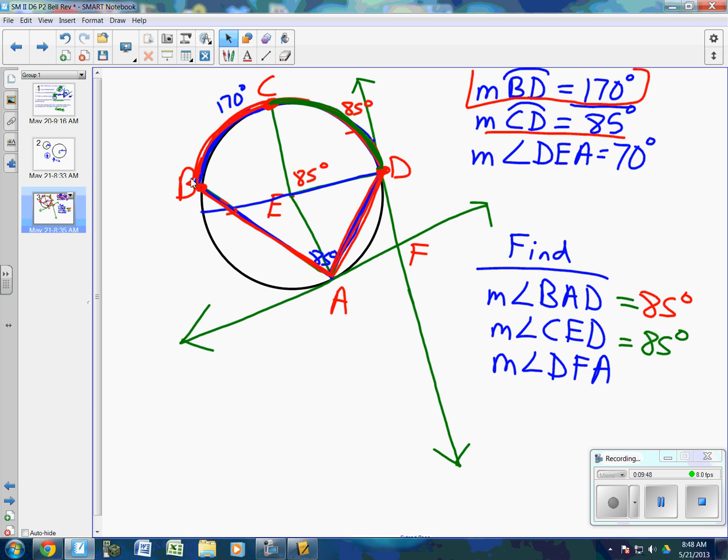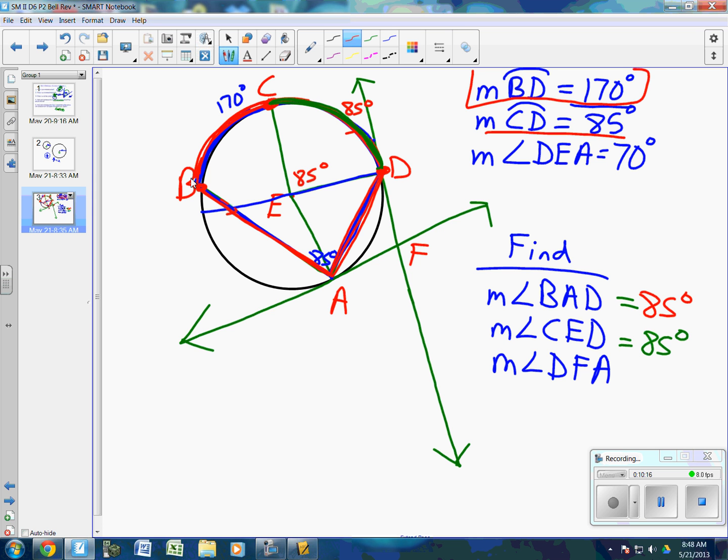Okay, measure of angle DFA. Raise your hand if you know the measure of angle DFA. Okay, what is it, you guys? 110 degrees. That's right.